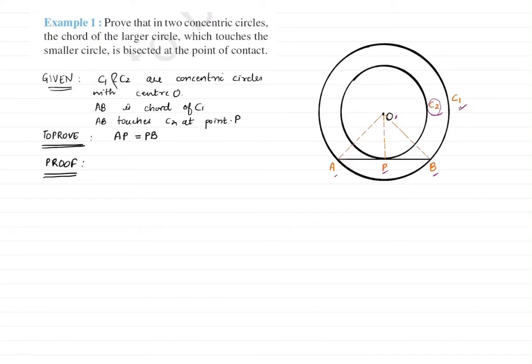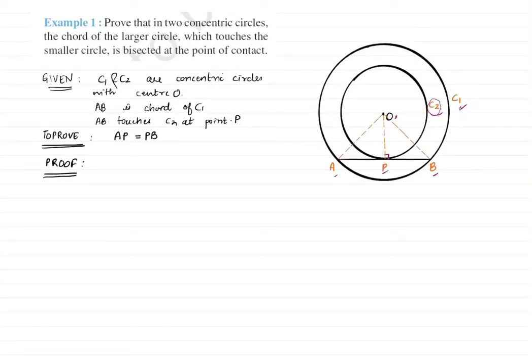And so far we have seen two theorems for a circle and a tangent, and both of them are applicable. Well, the first one obviously is applicable in this case because we can clearly see there is a single tangent touching the circle C2, point of contact is P, and OP is the radius. So we can say that OP is perpendicular to AB.